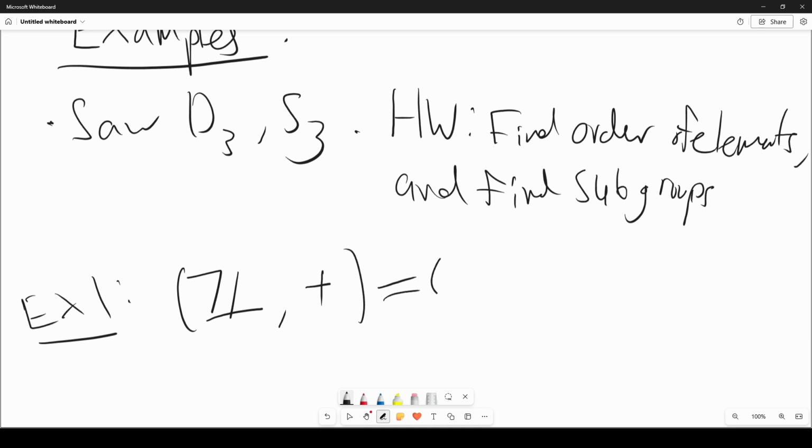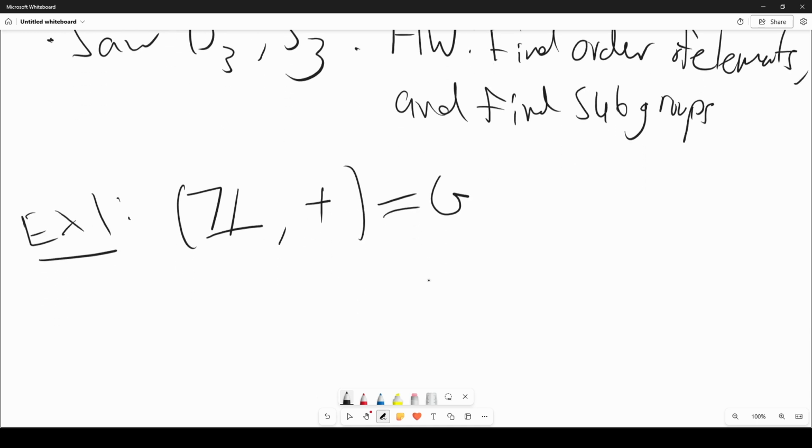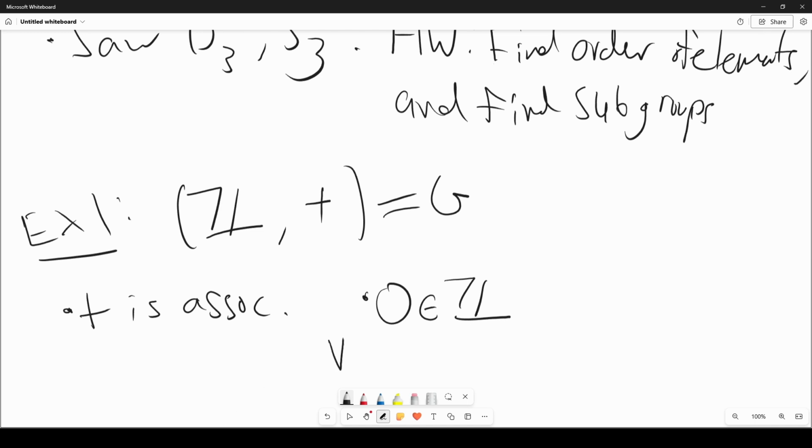And let's just call this group G. So first of all, we know plus is associative. We also know that there's an identity element. If you can guess what it is, it's 0, because anything plus 0 is just the same thing back. So for all n in Z, n plus 0 equals n, so 0 is the identity.